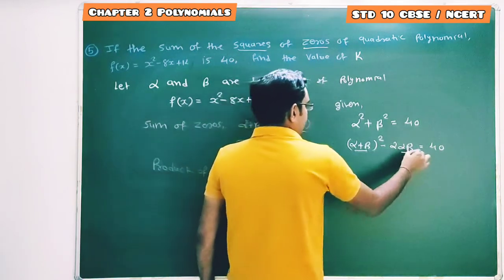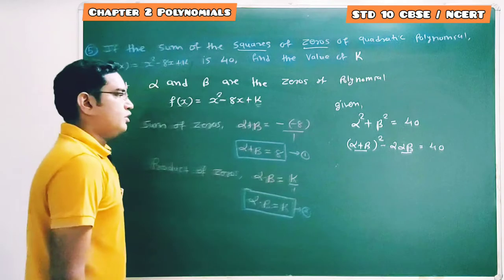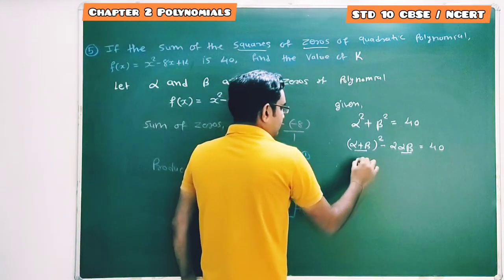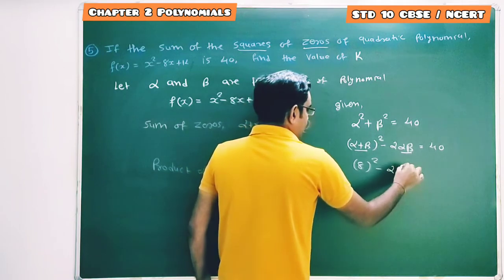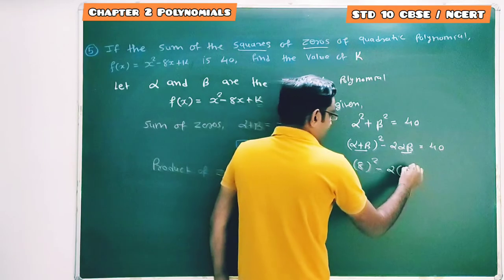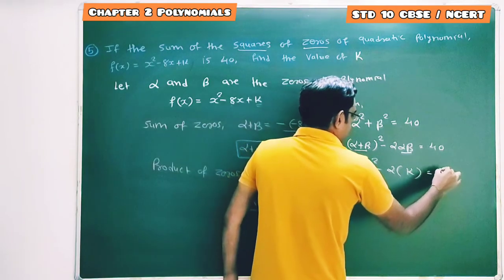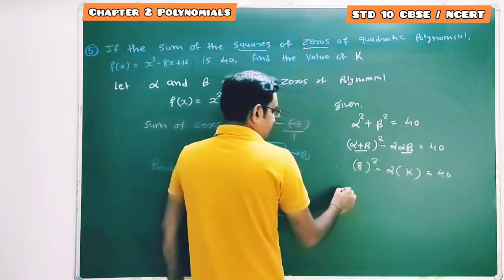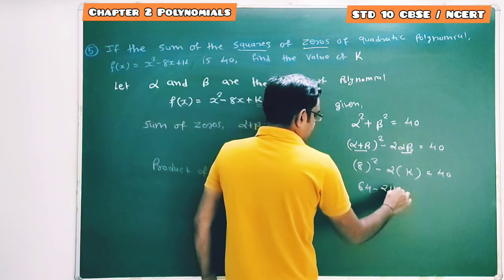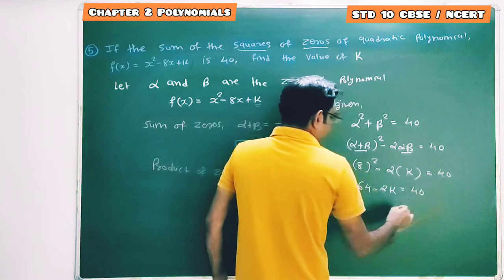So now here we can use result number 1 and 2. Alpha plus beta from result 1 is 8, so 8 square, minus 2 into alpha beta, from result 2 it is k, and it is equal to 40. So 8 square 64 minus 2k equal to 40.